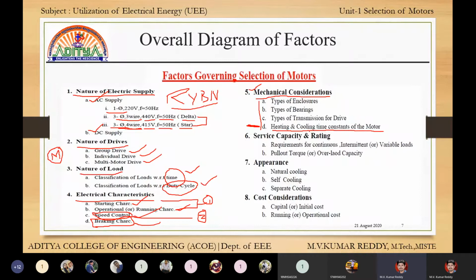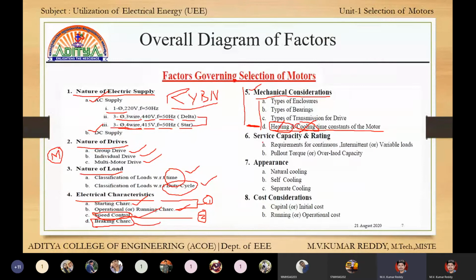Here we have two equations, heating equation and cooling equation. In this chapter we have three derivations. Before this mechanical considerations we have one derivation, and in mechanical considerations we have two derivations. First one is the heating derivation and second one is the cooling derivation. These are very important derivations.